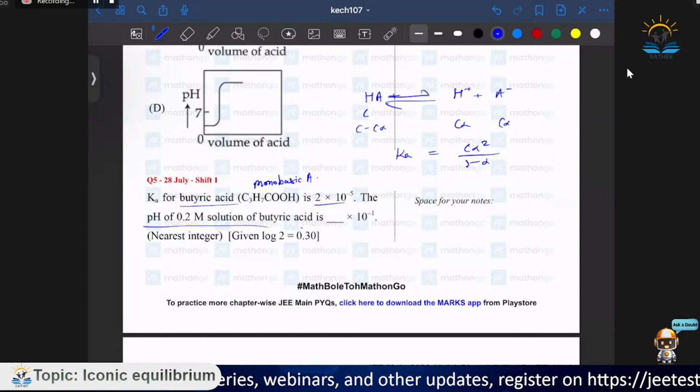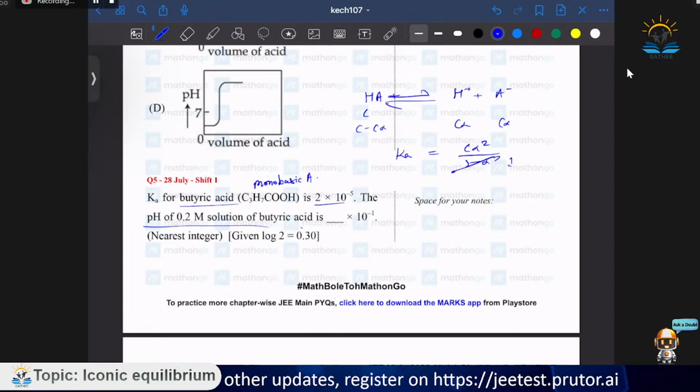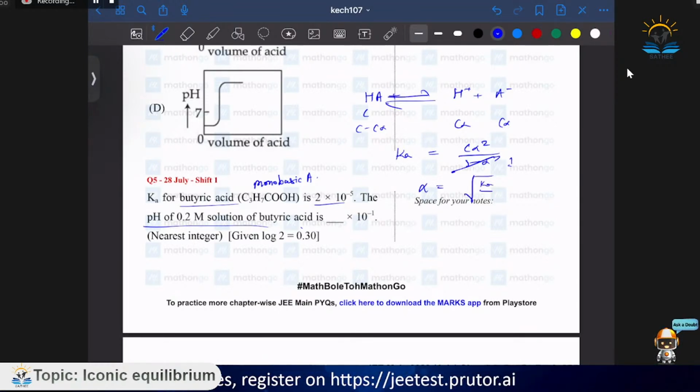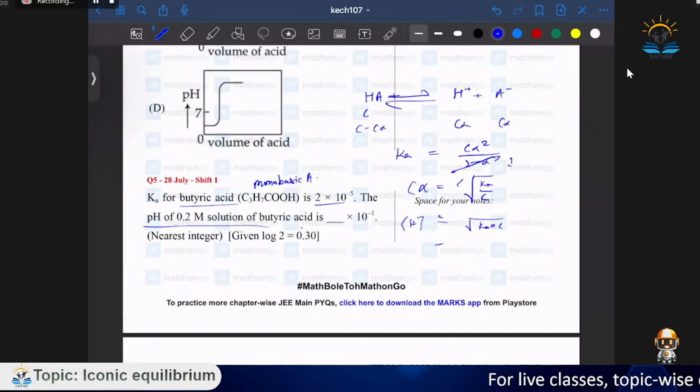As you can see, the Ka is really small. So 1 minus alpha is negligible, equal to 1. So alpha is equal to root Ka by C, and we know the concentration of hydrogen ion is C alpha. So C alpha is equal to root Ka into C. Let us find the H plus concentration.